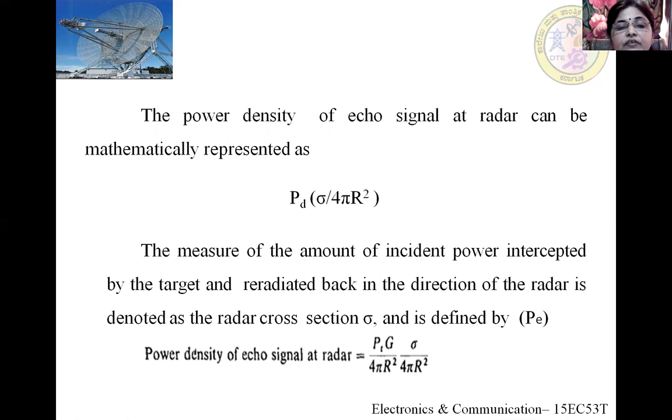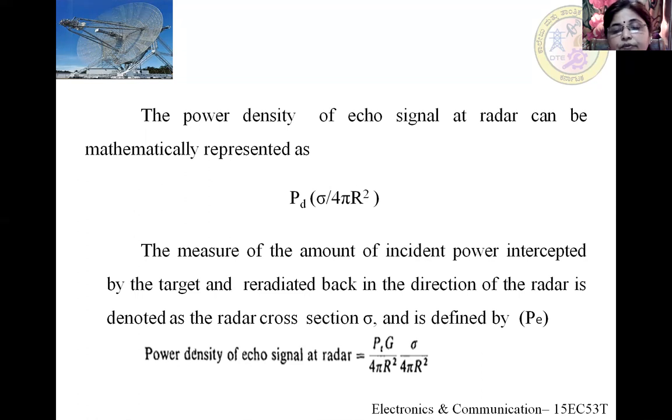The measure of the amount of incident power intercepted by the target and re-radiated back in the direction of the radar is denoted as the radar cross section sigma. The power density of the echo signal is represented by PE.